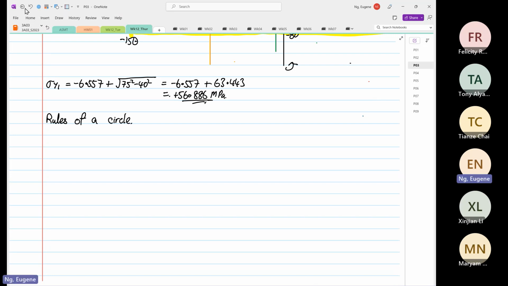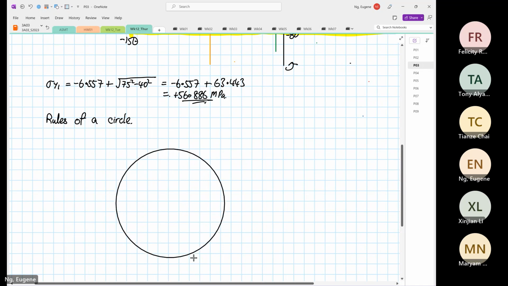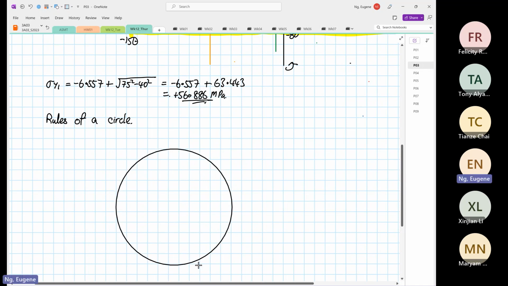Now if we were to draw a circle. So this is our circle.